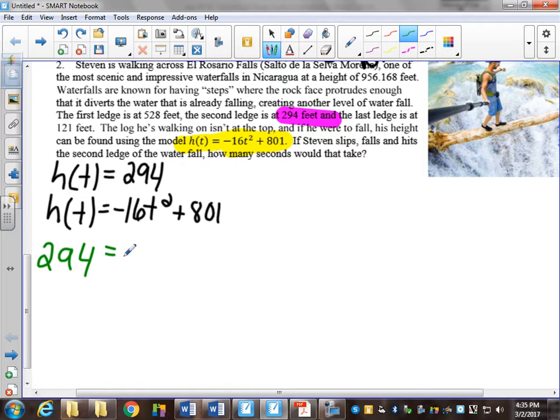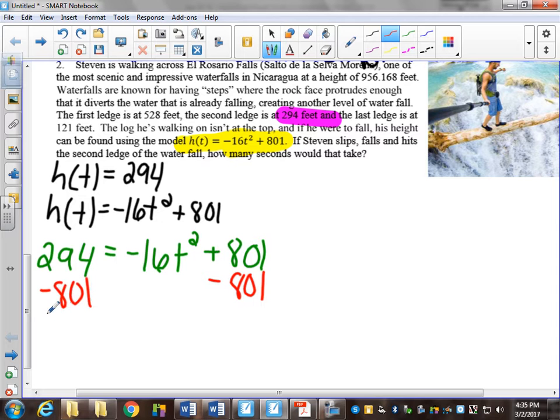294 equals negative 16 t squared plus 801. We are solving for t, therefore our first move, let's get rid of that 801. 294 minus 801, I got negative 507 equals negative 16 t squared.